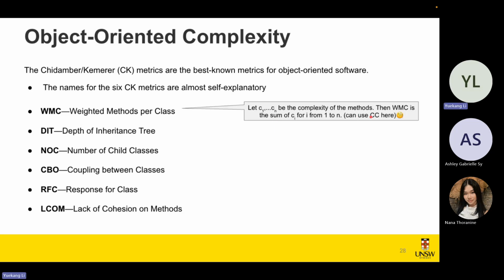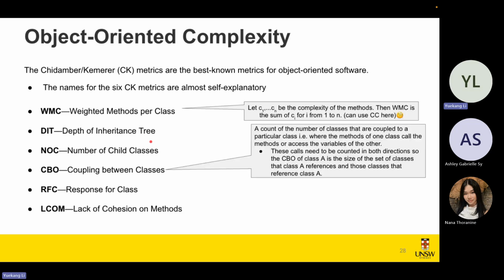And we can use cyclomatic complexity, the unit level complexity, for each method and then just sum them up and it becomes the WMC. And the depth of inheritance tree is because each class can have some inheritance structures, right? So it's just the depth of the class inside that inheritance tree. It's very straightforward. And the number of child classes is even more straightforward. We just need to count the number of child classes inheriting this class, right?